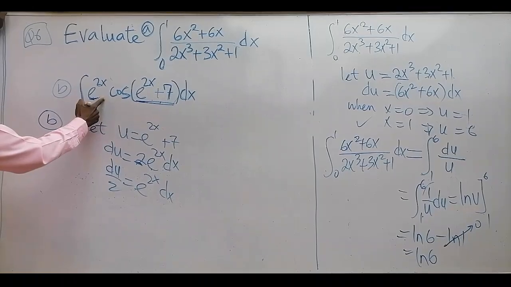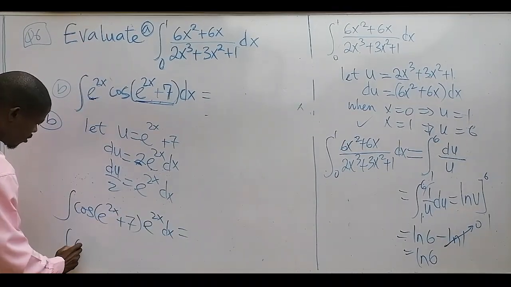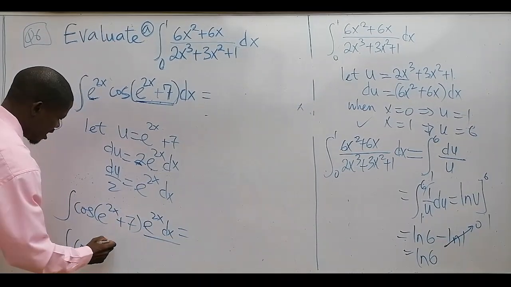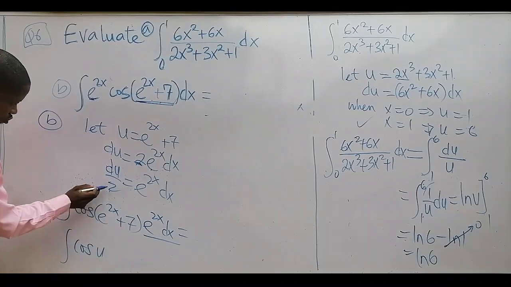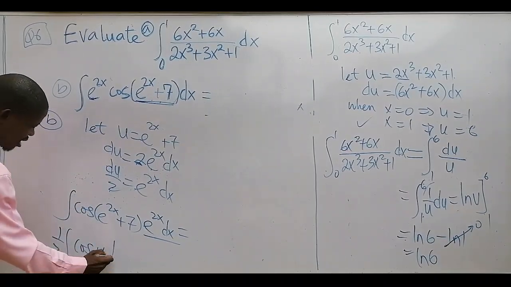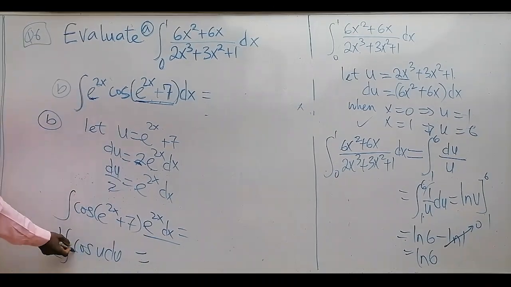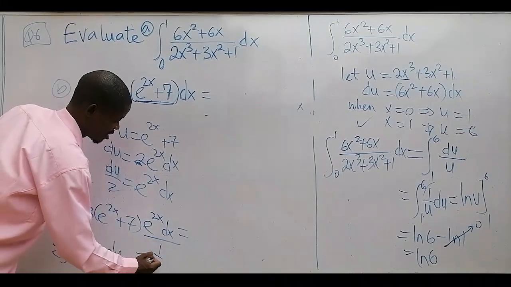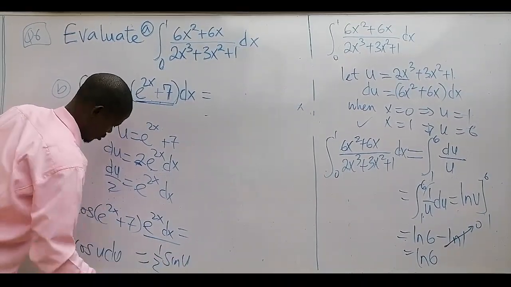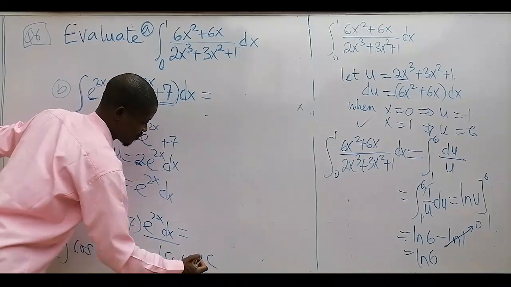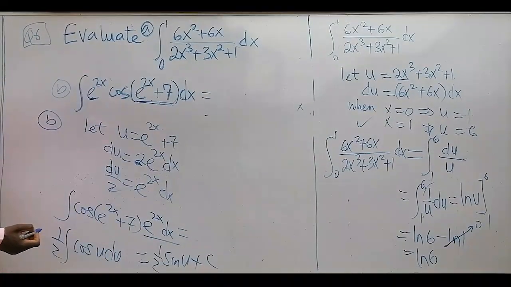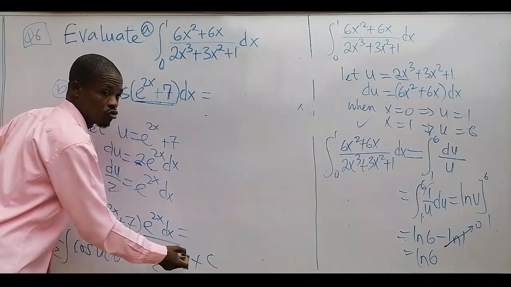So go back to your question: cos u, du over 2. That 2 can come outside, that's 1 over 2 du. And if you integrate cos u, that's sine u, plus the constant of integration.